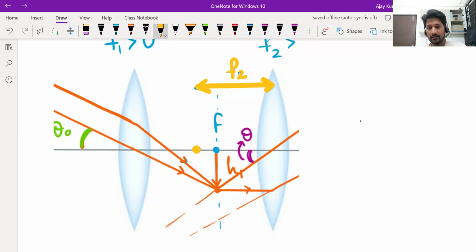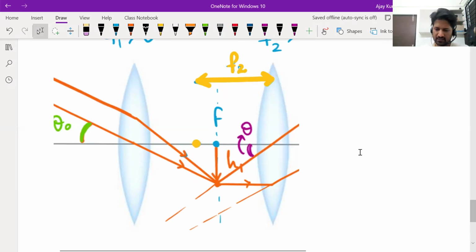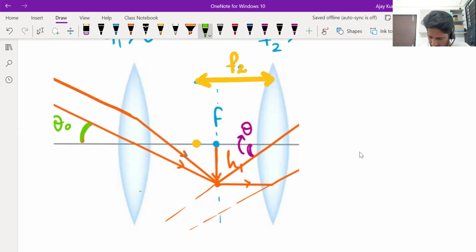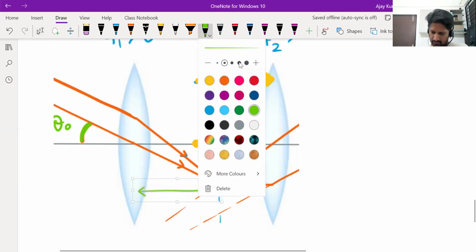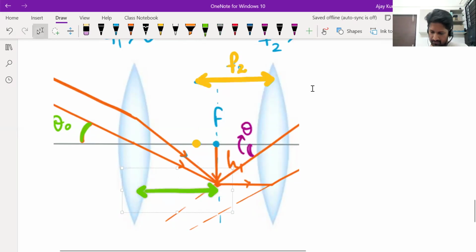Where did the first lens form the image? At its focus, because the original object was at infinity, the first lens forms the image at its focus. For the first lens, I'll use green color. From here to here is the focal length of the first lens, f1.